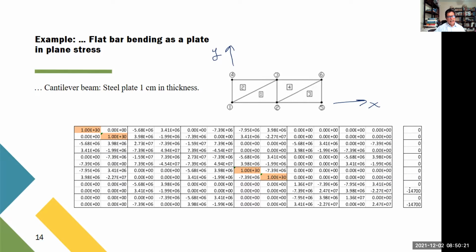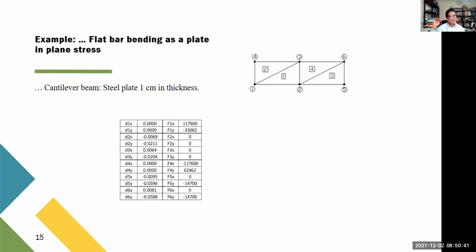Here, negative. So this is going to be F5Y. This is going to be F6Y. Both downwards, negative. And you're ready. You solve it. These are the displacements.